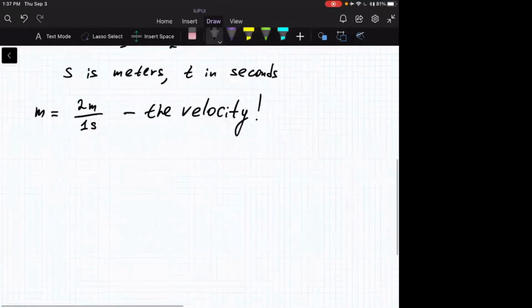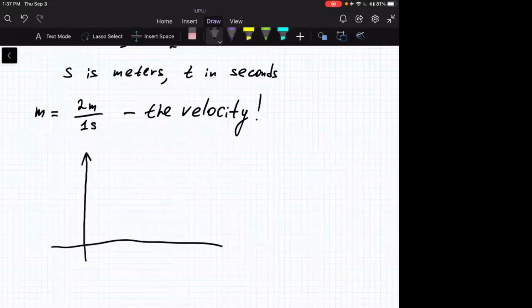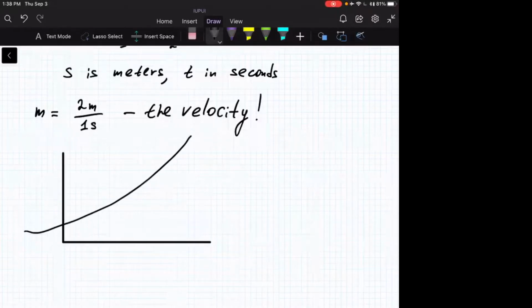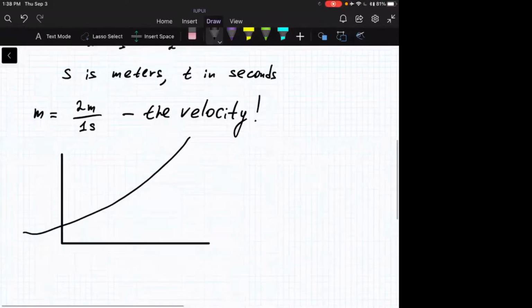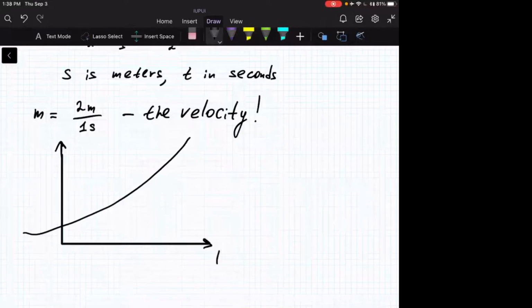And it turns out that if you plot the graph of our distance and time, it will not be a straight line. It will look something like that. It's not a straight line, but something curvy. What can we say in this case, when we have not a straight line, but something more general?